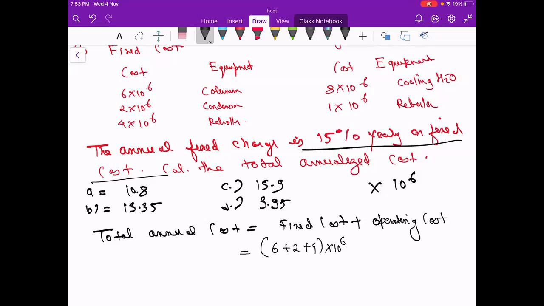They have said 15% is charged on that, so you have to calculate 15% of that, that is 0.15, plus operating cost. There are no charges on operating cost, so it will be 8 plus 1 into 10 to the power 6. So I think the answer is 10.8 into 10 to the power 6.